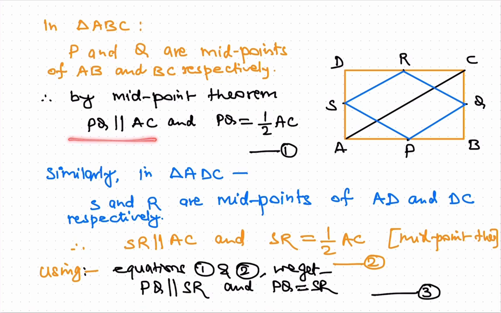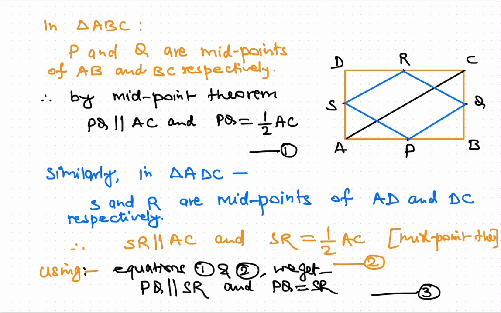So we get PQ is parallel to AC and PQ is equal to half of AC. This becomes equation number 1. Similarly, in triangle ADC, we know that S and R are the midpoints of AD and DC respectively. Therefore, SR becomes parallel to AC and also SR is equal to half of AC.